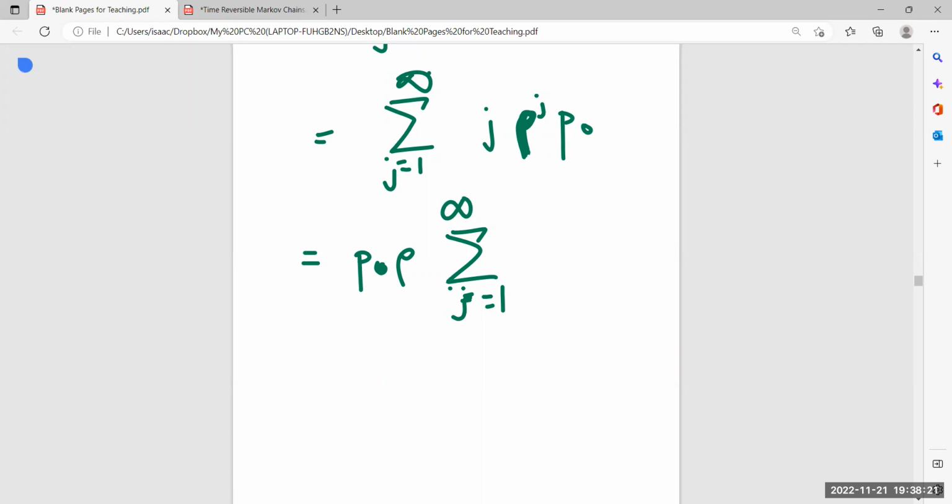So j equal to 1 to infinity of, let's see, if I take out a rho, this would be j times rho to the j minus 1, right? So I'll have it like this.